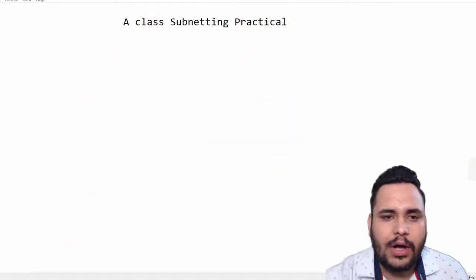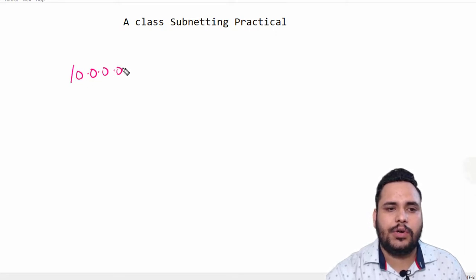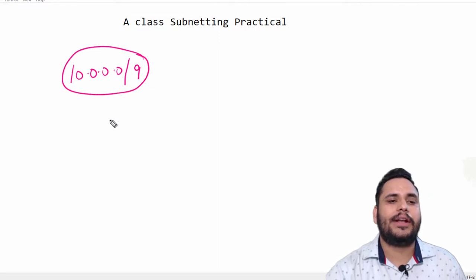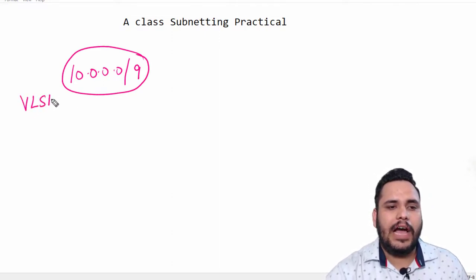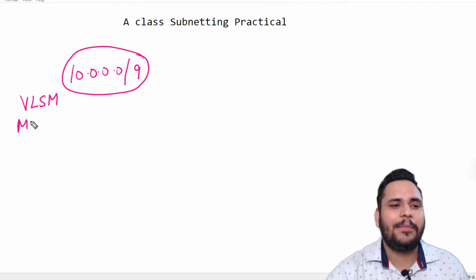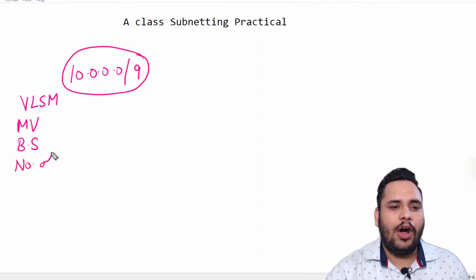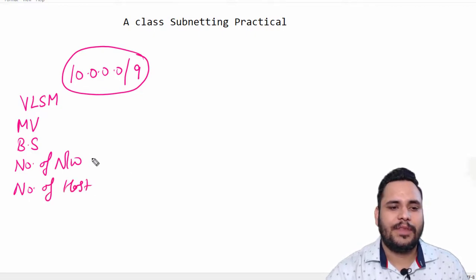Okay, so I'm going to do a practical, like 10.0.0.0 with 1 bit on, starting the practical from basics. So again, we have to find VLSM, magic value, block size, number of networks and number of hosts.